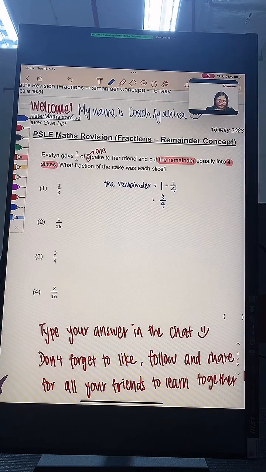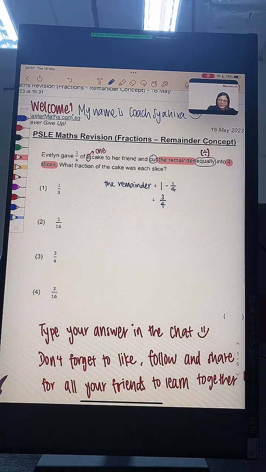Because she cut this equally into 4 slices, the keywords cut equally tell us to divide. Every time we see cut equally, share equally, pack equally, we always want to think of divide.